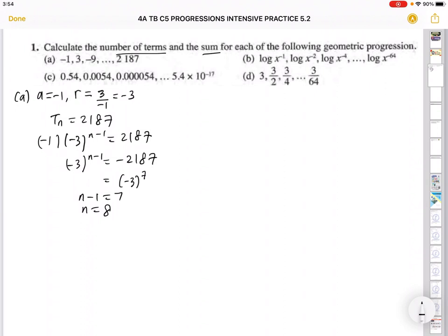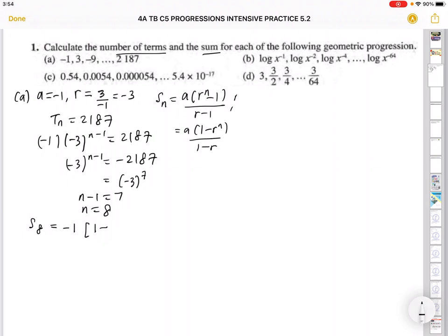Okay, and if you want to find the sum, we'll just use S8. Let me clarify this. There are two formulas for the sum of the first n terms. We can use a(R^n - 1)/(R - 1), or you can use a(1 - R^n)/(1 - R).